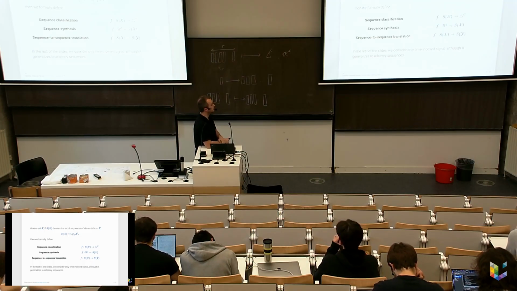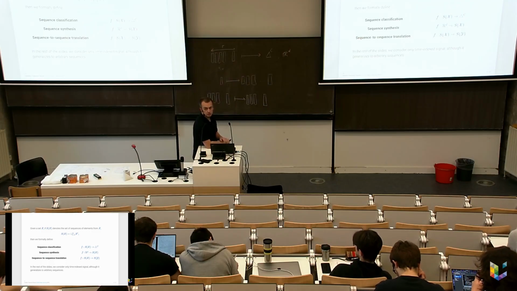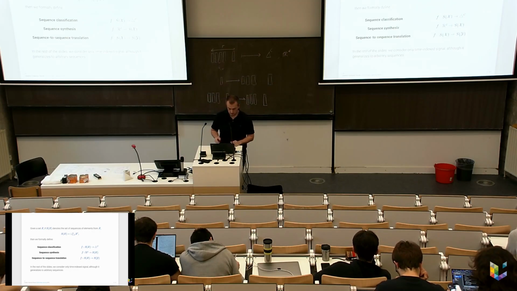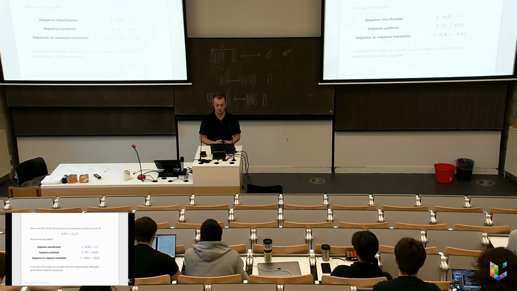Okay, so you could have, I don't know, the set of text sequences as input, and you want to produce a sequence of images as output. Okay? Also, in everything that I will present today, I will only consider what we call time index signals, where I will have a time dimension, or something that we can interpret as a time dimension.